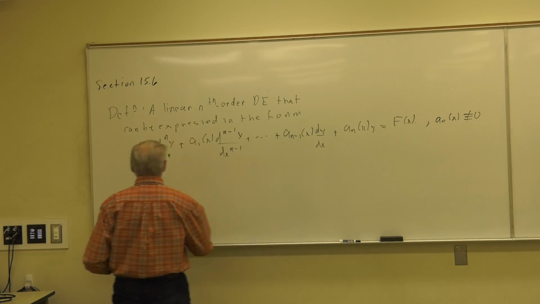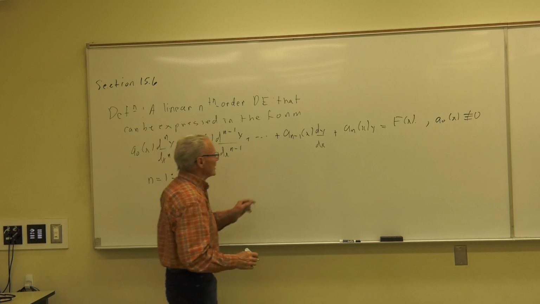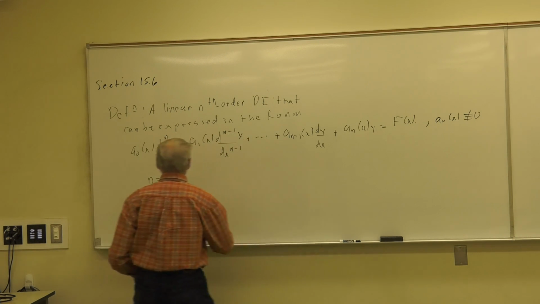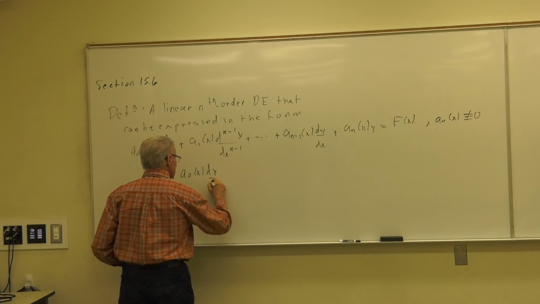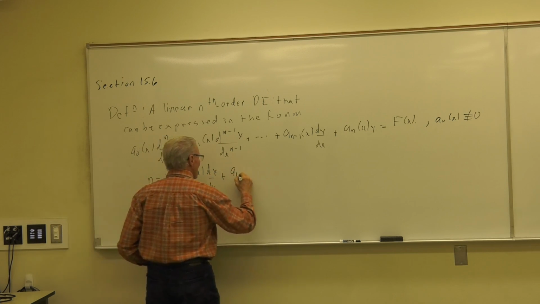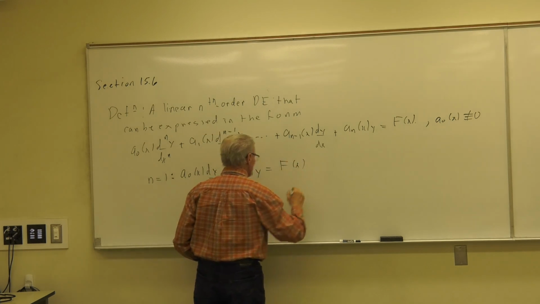Notice if n is equal to 1, then you're really only going to have these first two terms. You're going to have a0 of x multiplying dy dx plus a1 of x multiplying y is equal to f of x.